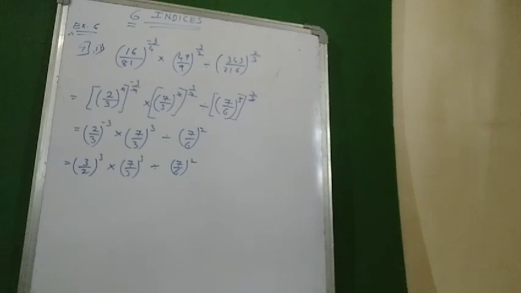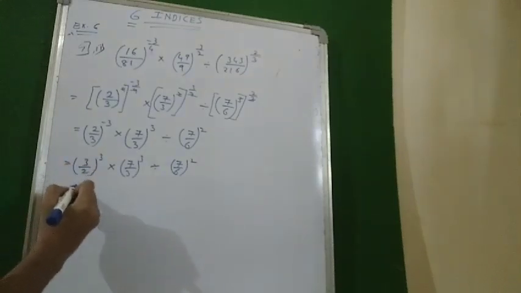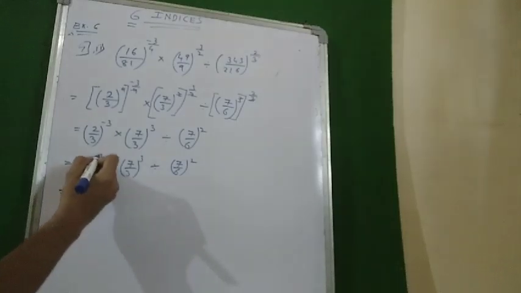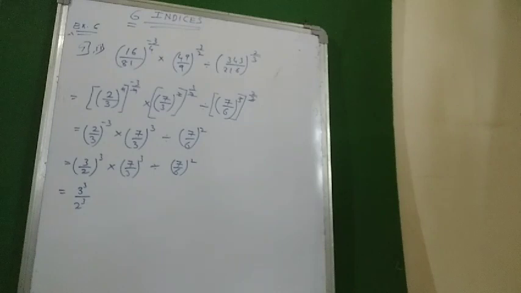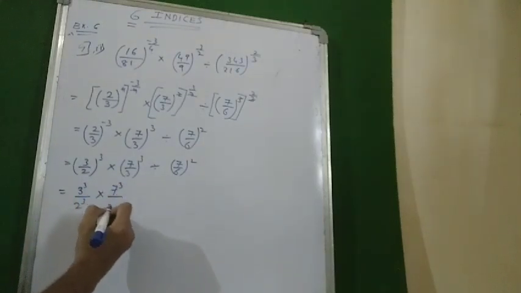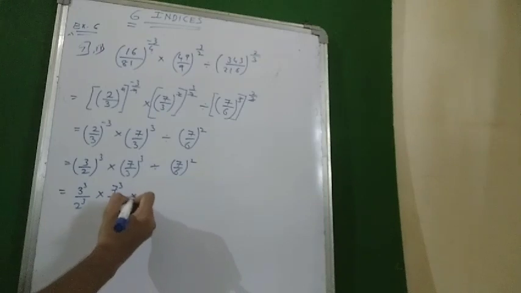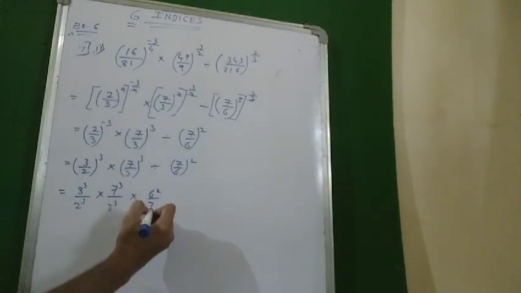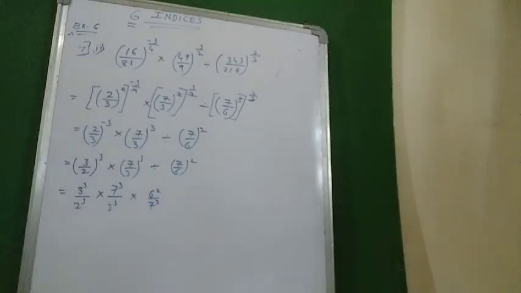Okay, so now I will write this 3 cube and 2 cube as 3 cube upon 2 cube. Okay, I will just separate this cube. Here also 7 cube upon 3 cube. Divide becomes multiply, and this becomes reciprocal, so 6 square upon 7 square. Pay attention, this is reciprocal.